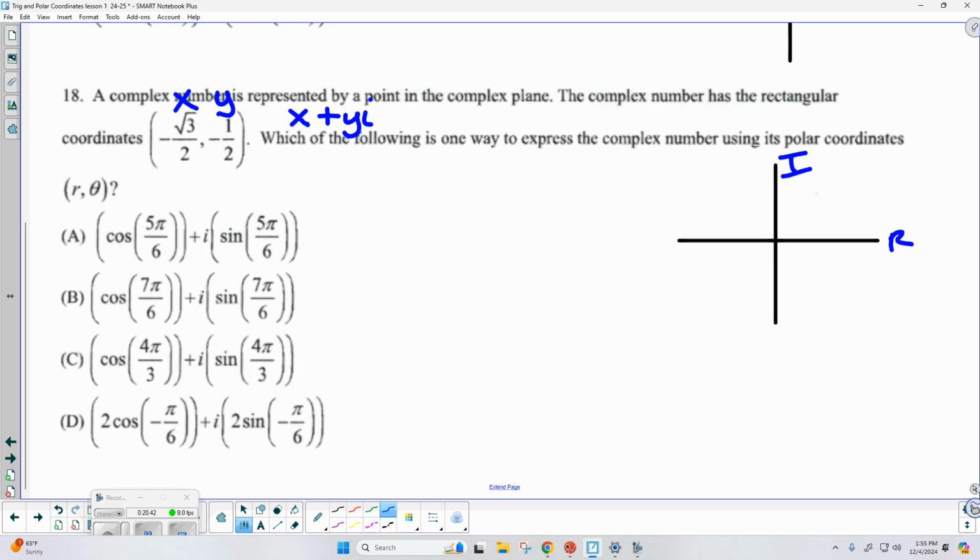So that would be negative root 3 over 2 minus 1/2 i, if we wanted to write that as a complex number. Does that sound familiar? Well, does anybody happen to remember what the polar form of a complex number is? It's just one expression.